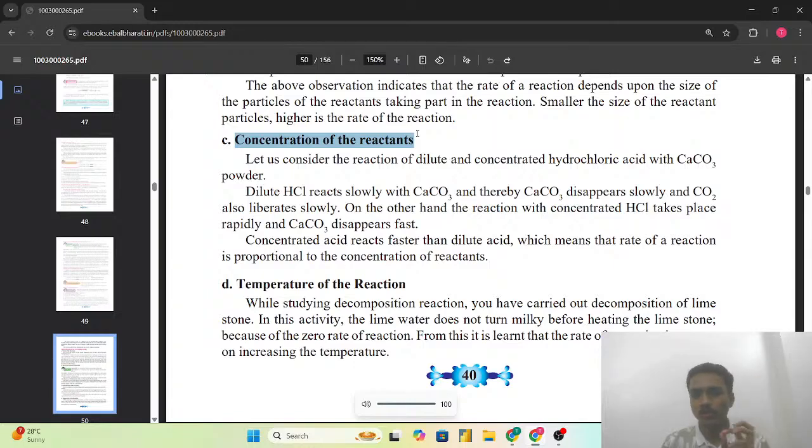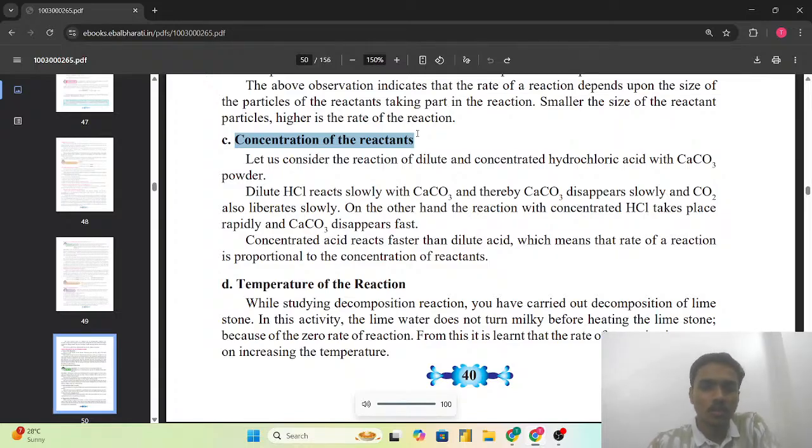On the other hand, the reaction with concentrated HCl takes place rapidly and CaCO3 disappears fast, with a fast release of carbon dioxide gas also.